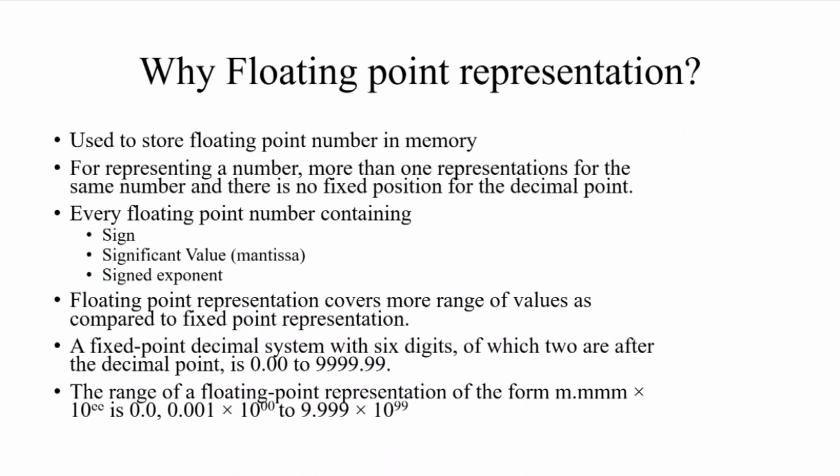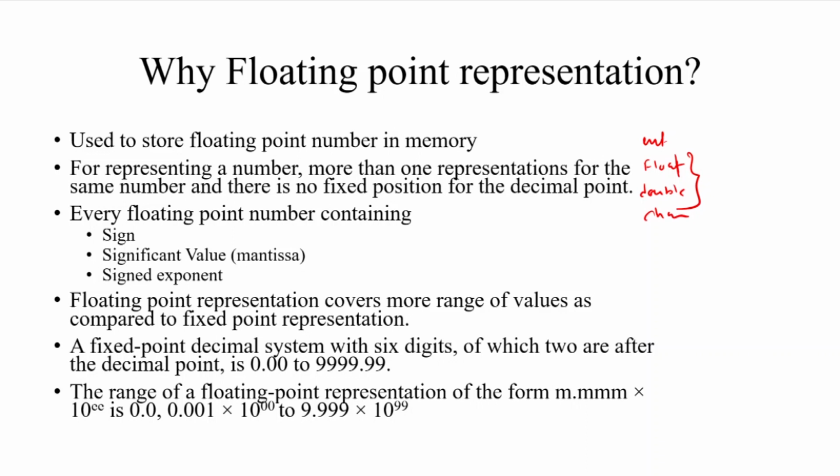Now the question is, why floating point representation? It is generally used to store floating point numbers in memory. Like in programming languages we study integer, float, double, character, etc. Float and double are the floating point numbers. Integer takes only integer values, whether signed or unsigned.